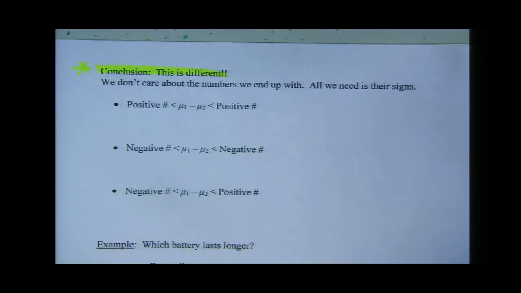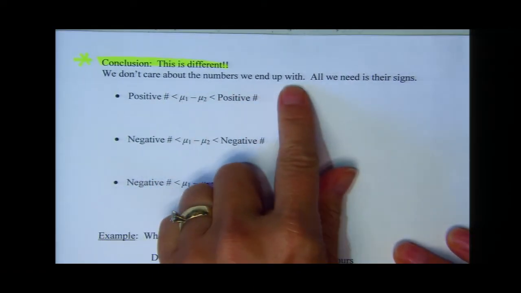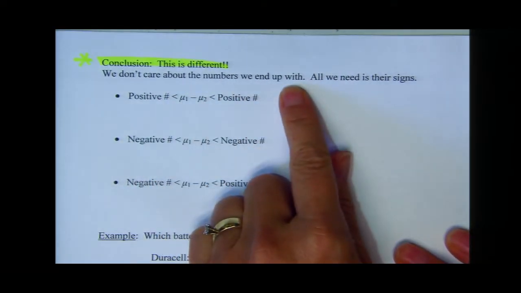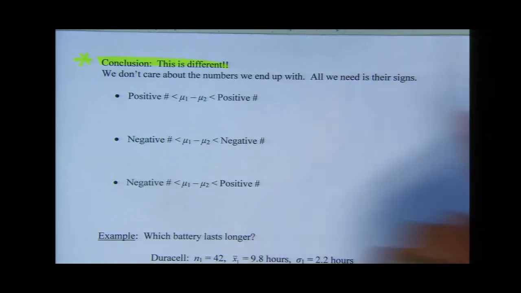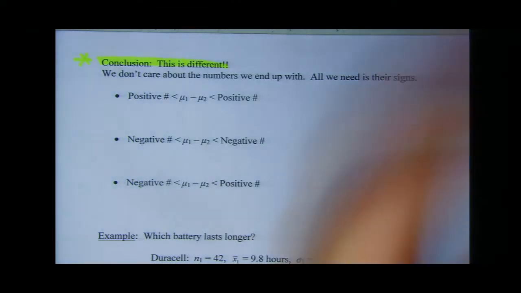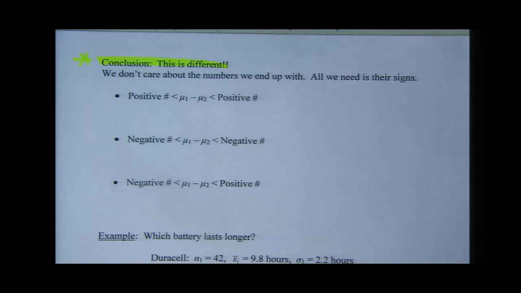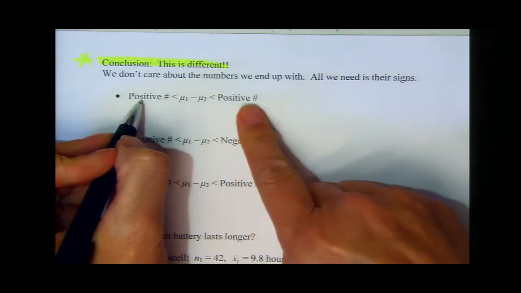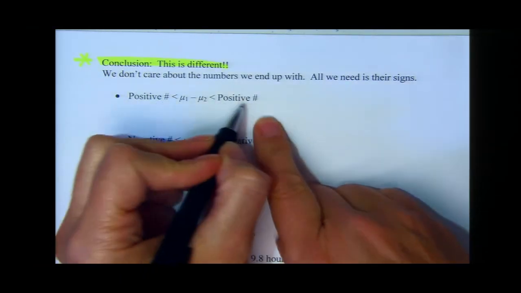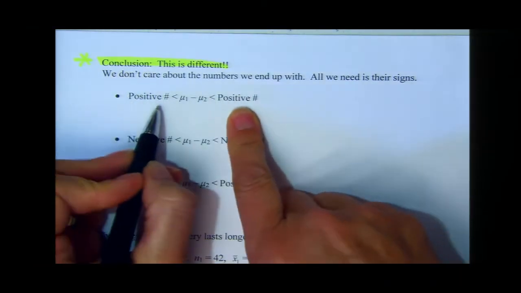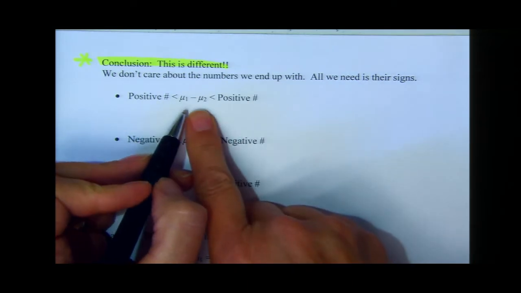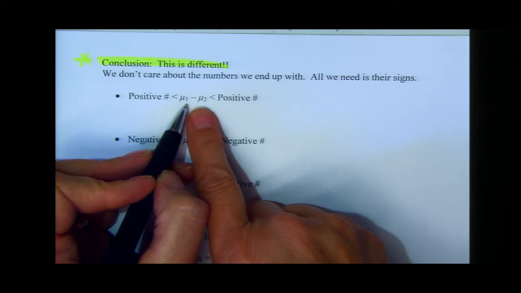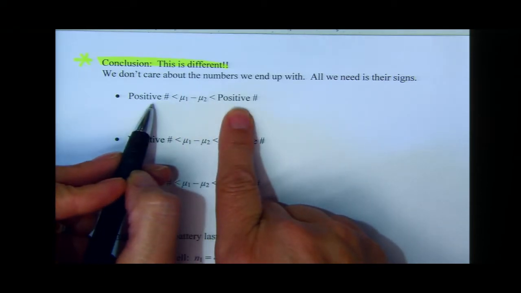All right, we don't care about the numbers we end up with in the confidence interval. All we need to be concerned with is what are their signs. So say you calculate your confidence interval and you get a positive number on the left and a positive number on the right. So what you want to do is ask yourself, what always happens when you subtract two numbers and the result is always a positive number?